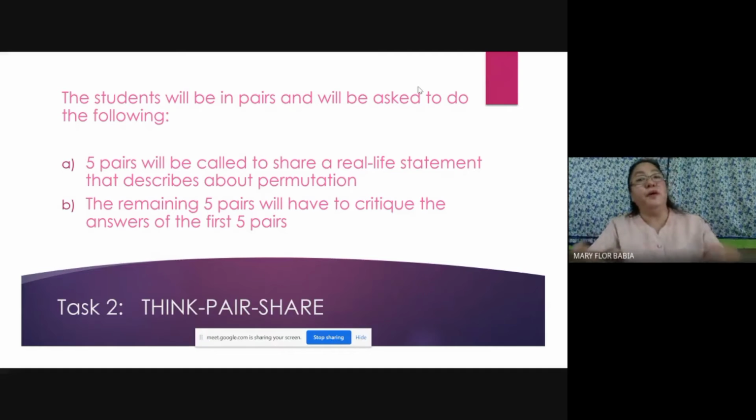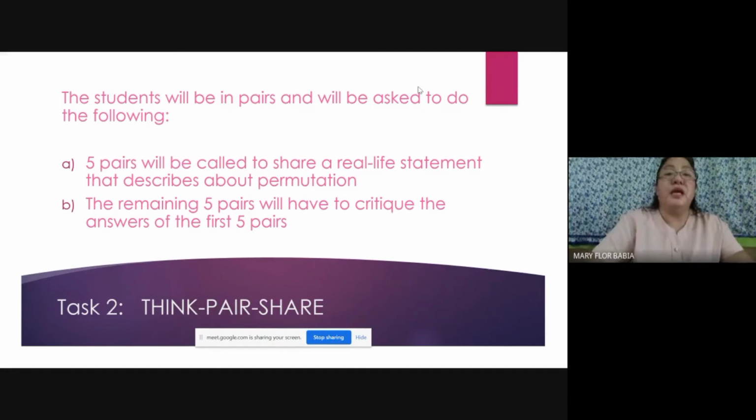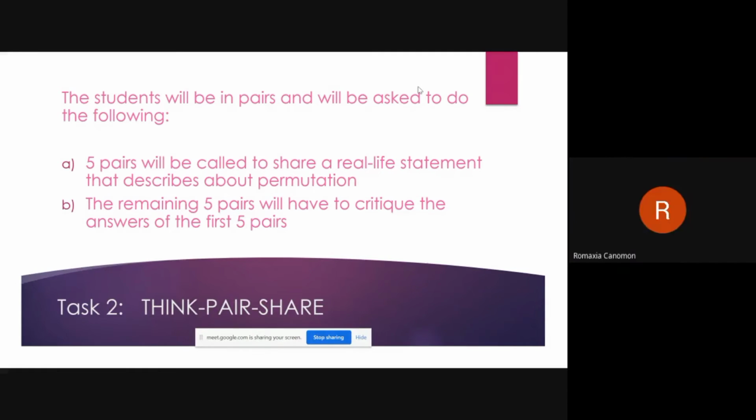Okay. Is it clear how we can get a permutation? A simple permutation of a number taken r at a time is equal to n factorial all over the quantity of n minus r factorial.